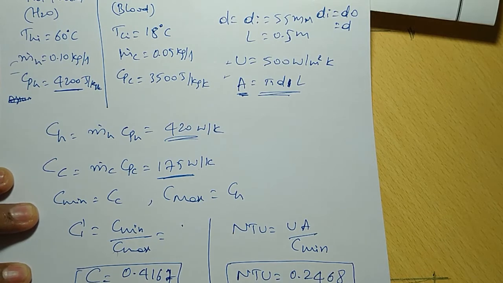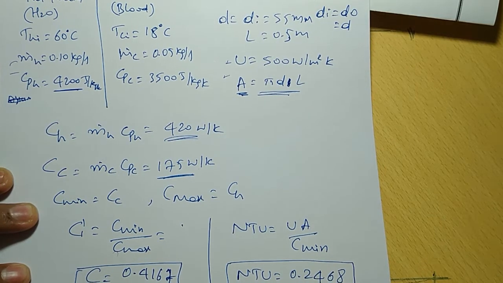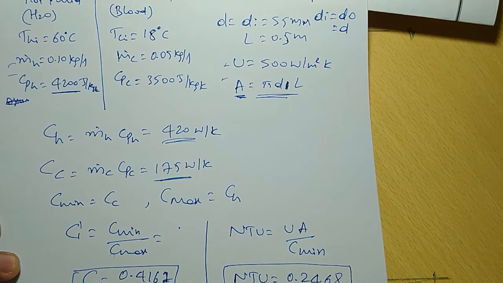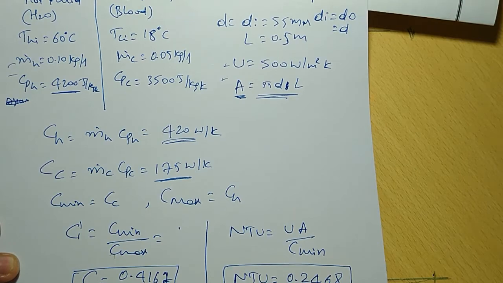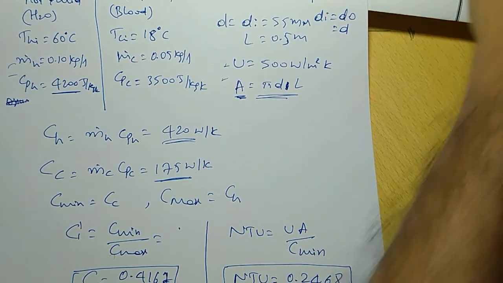Once you know the NTU and C, next is to find out the effectiveness. This effectiveness can be found out from the equation or from the graph. Okay, what is the equation?